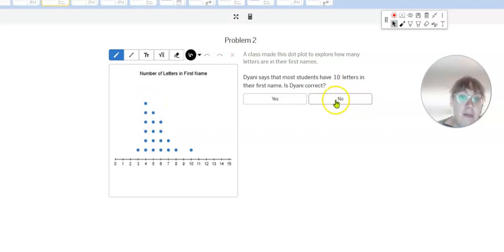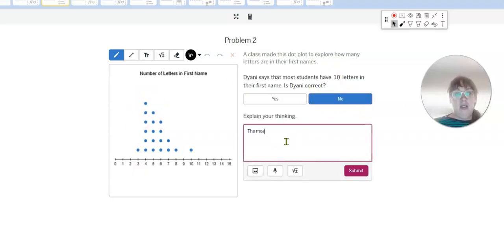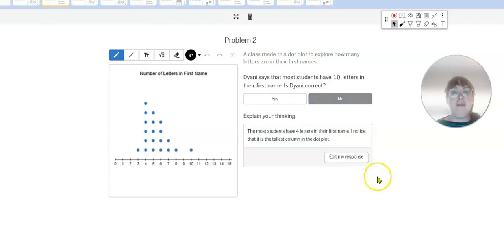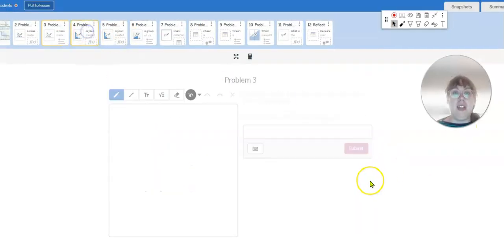The most students, to me, have 4 letters in their first name. I notice that it is the tallest column in the dot plot. Beautiful. Make sure to get your reasoning, your thinking in here, plug that in, and then push to the next slide.